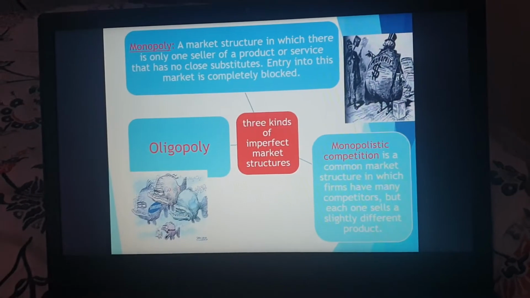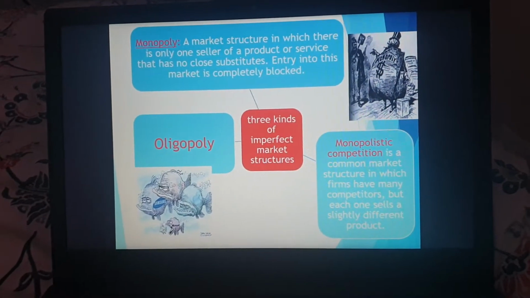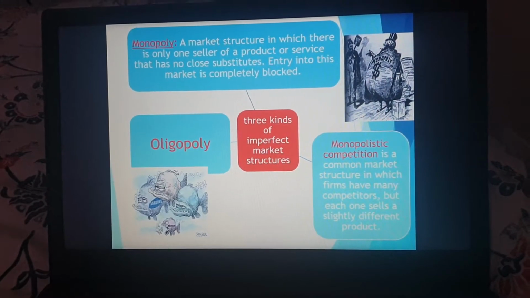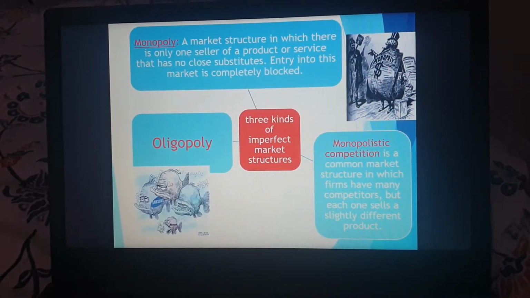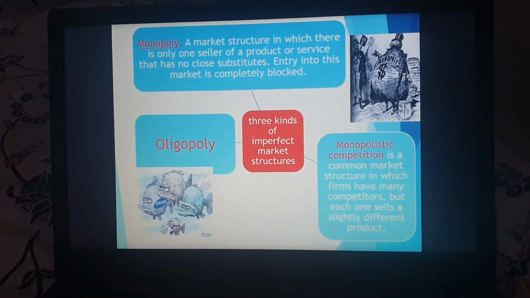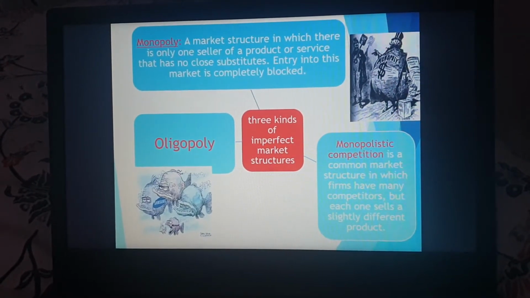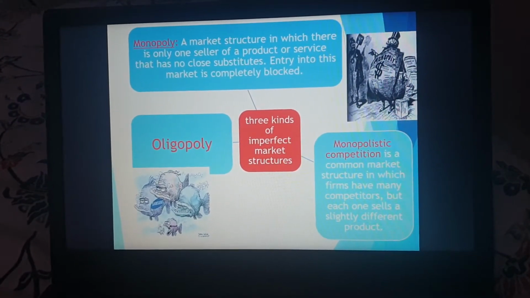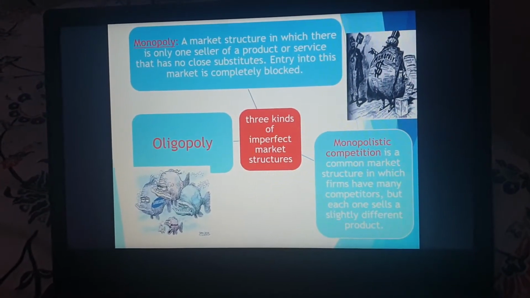Right, then the second one, an oligopoly. Oligopoly, oligo, actually means few. If you take it back to the Latin word, meaning a few sellers and obviously a lot of buyers, but only a few sellers.